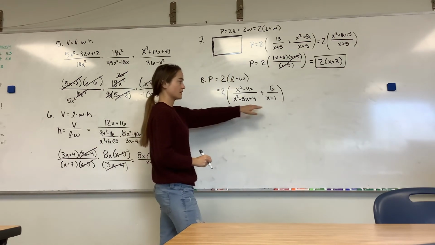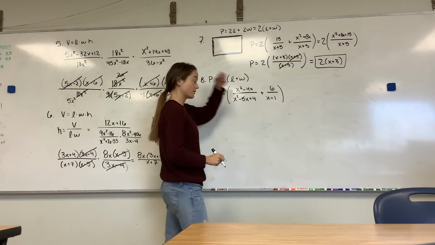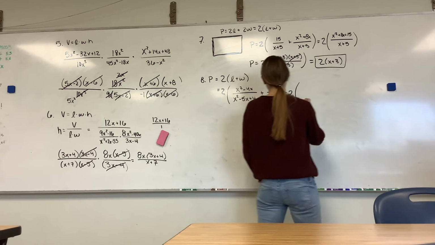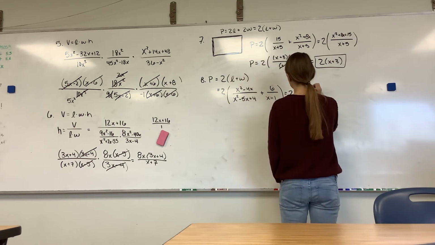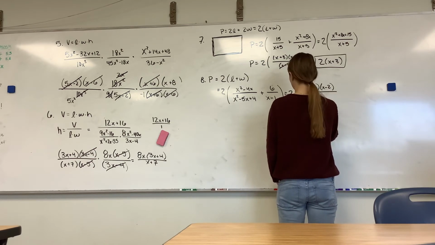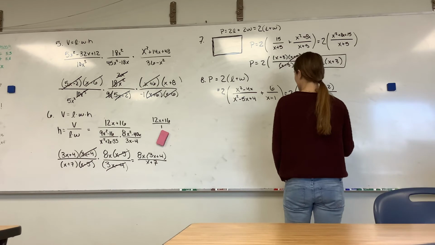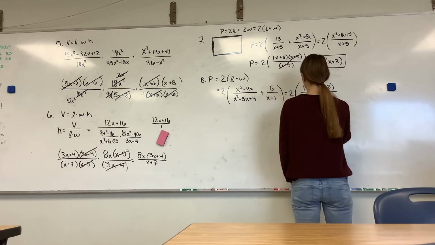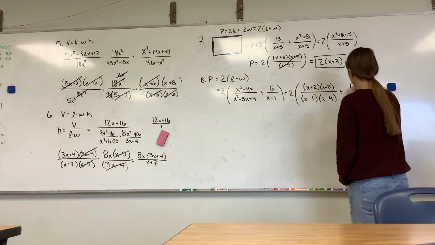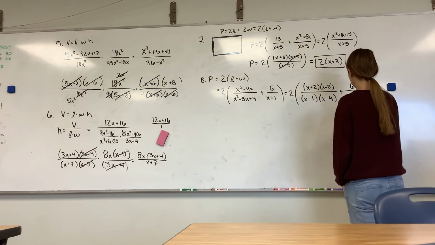So I'm going to factor this out so I can see what this denominator is missing. I'm just going to factor out the whole thing actually. So on the top I get an x plus 2, x minus 2 all over an x minus 1 and an x minus 4, plus 6 over x minus 1.